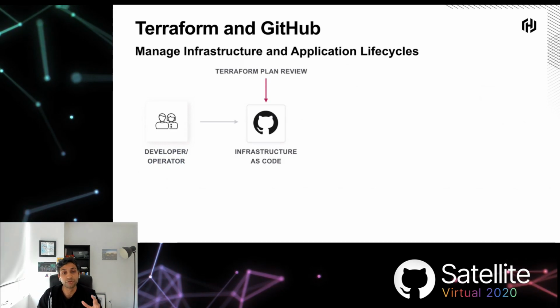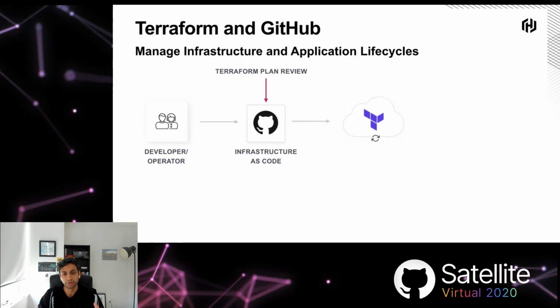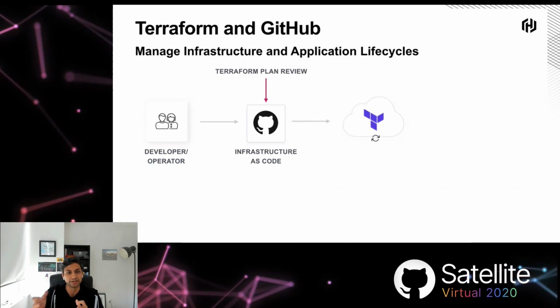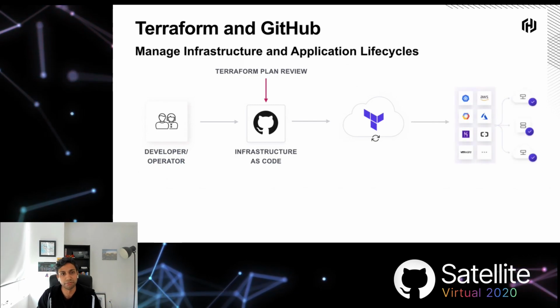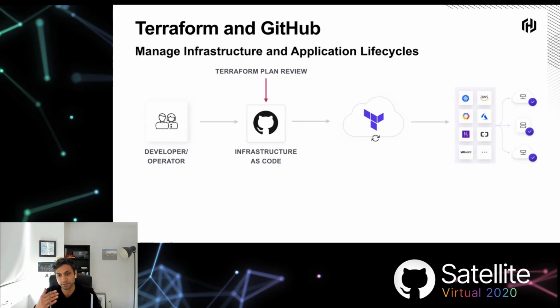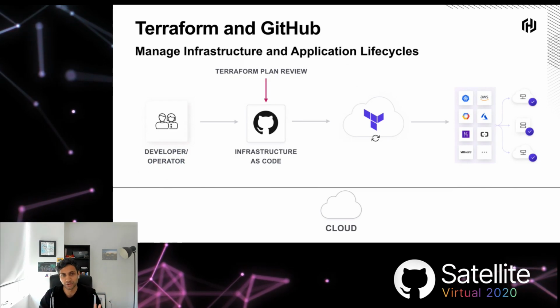Then a review can take place in GitHub, generated using maybe some CI system that runs the Terraform plan and gives you that plan output, and maybe an operations team can review the plan. If that looks good to them, they can make that thing happen for you. And then again, some system has to run Terraform apply, right? Ideally, we would want the whole thing to happen in the cloud. So this is an ideal situation.